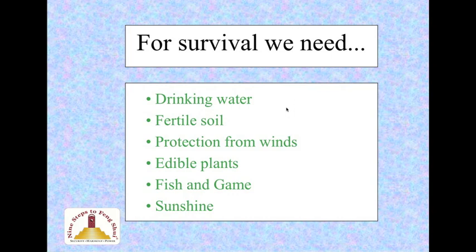And you would also need fertile soil, because fertile soil is one of the things you look for when you're gonna put your efforts into agriculture. So a fertile soil will yield a better harvest.